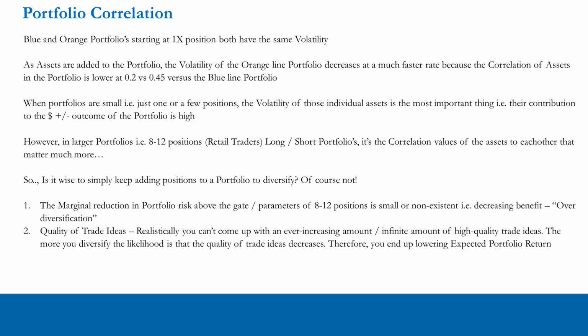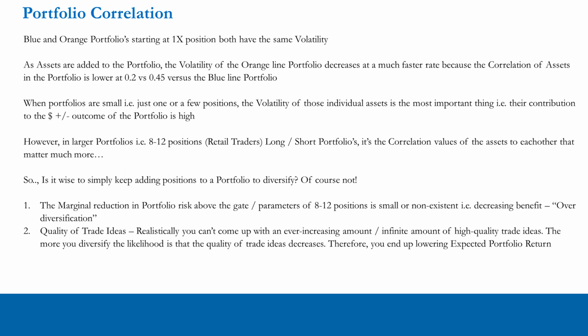Additionally, something else that was covered in the portfolio correlation video, and it's very important to understand this when it comes to diversification, Chris posed a question: is it wise to simply keep adding positions to a portfolio to diversify? And the answer is, of course not, for 2 reasons.